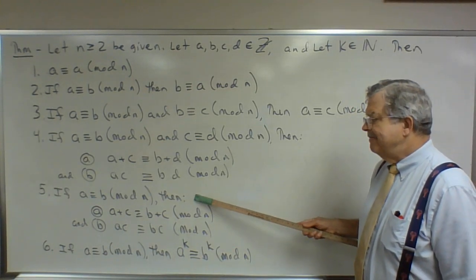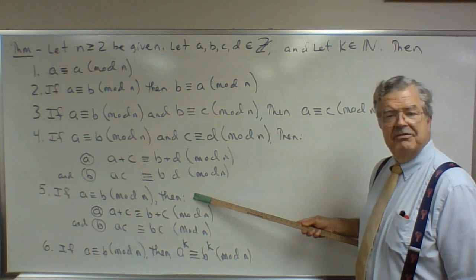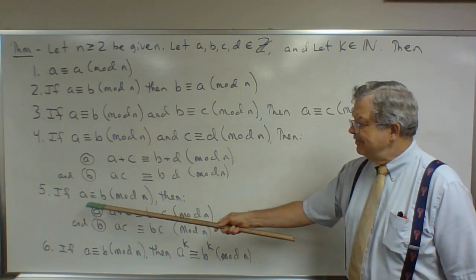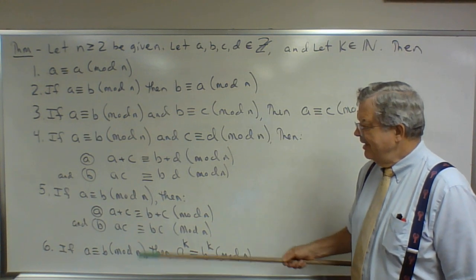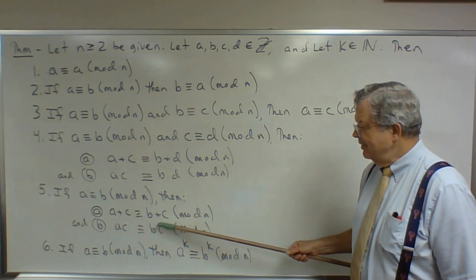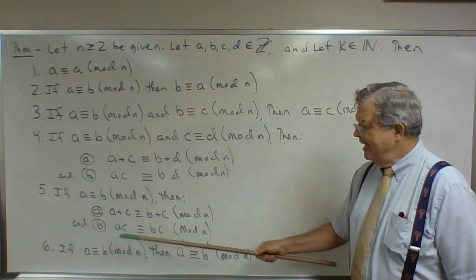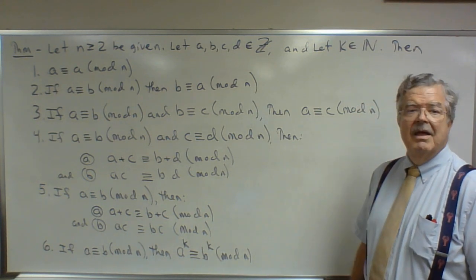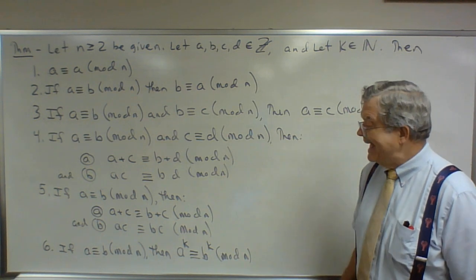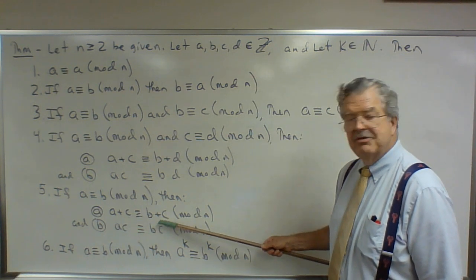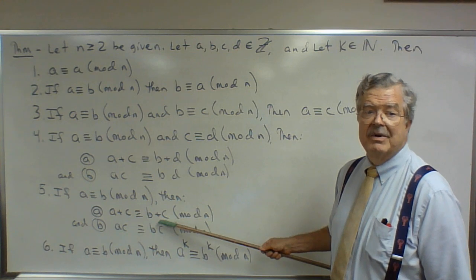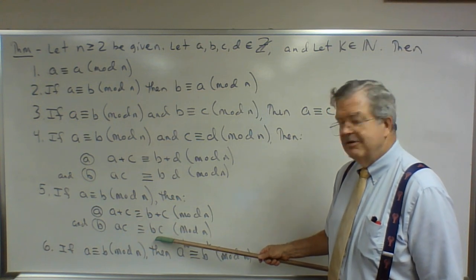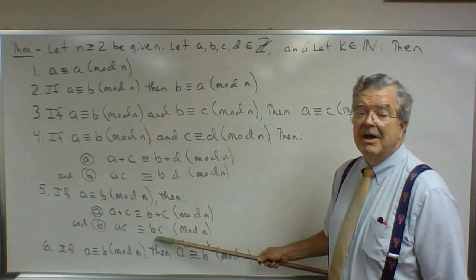Now 5 is a no-brainer. 5 is really a special case of 4. If A is congruent to B, then A plus C is congruent to B plus C. A times C is congruent to B times C. Now with equations, we can add the same number to both sides and we still have an equation. Or we can multiply both sides of an equation by the same non-zero number.